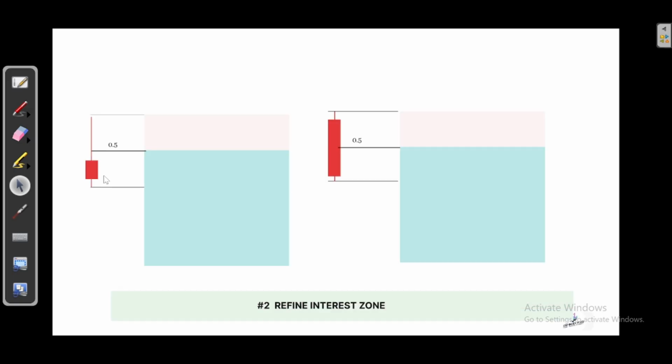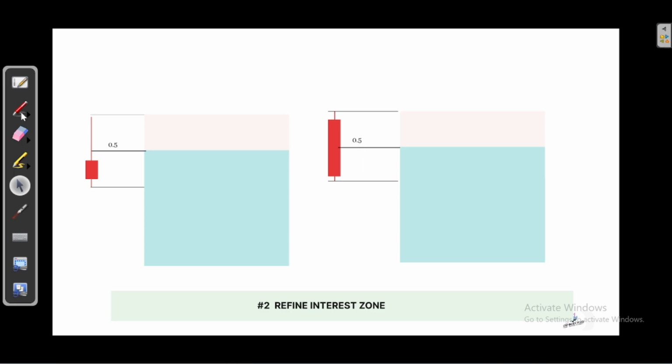Now I also make use of Fibonacci to refine my interest zone, maybe the order block. I will divide it in half, or maybe a 1 hour order block or 4 hour order block. I will make use of the 50 level of that order block as my entry.